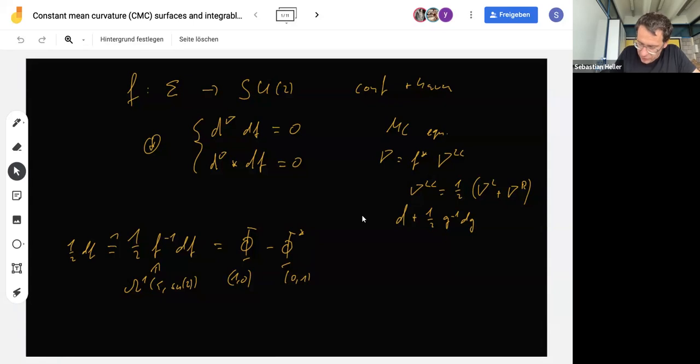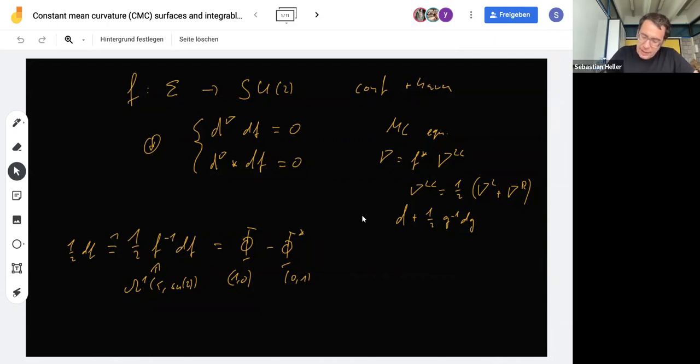This is basically by direct computation: if I compute the 1-0 part of a one form, I use this formula. And if I know that d nabla f inverse df is 0 and d nabla star f inverse df is 0, this just means that I get d nabla phi is 0.